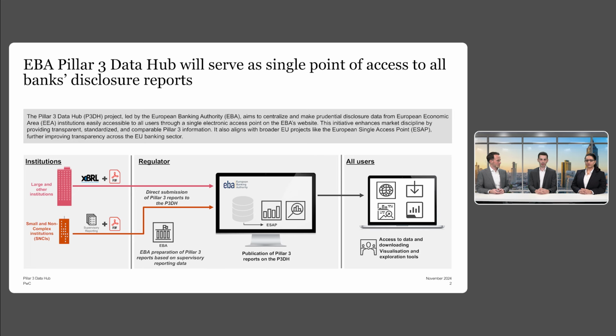So there is transparency among all the banks. It is comparable. You can really put each Pillar 3 report next to each other, or even do some analysis on the provided data, and have a complete overview about the Pillar 3 data within Europe.